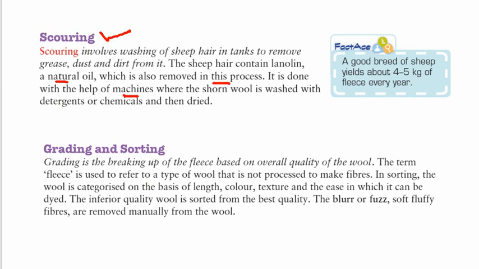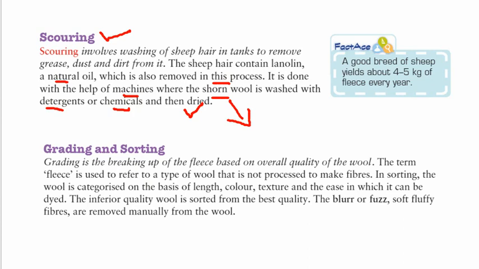It is done with the help of a machine. The shorn wool, that is the wool taken from the sheep's body, is washed with detergent or chemicals, and after that it is dried. So scouring is basically the washing of the sheep hair.